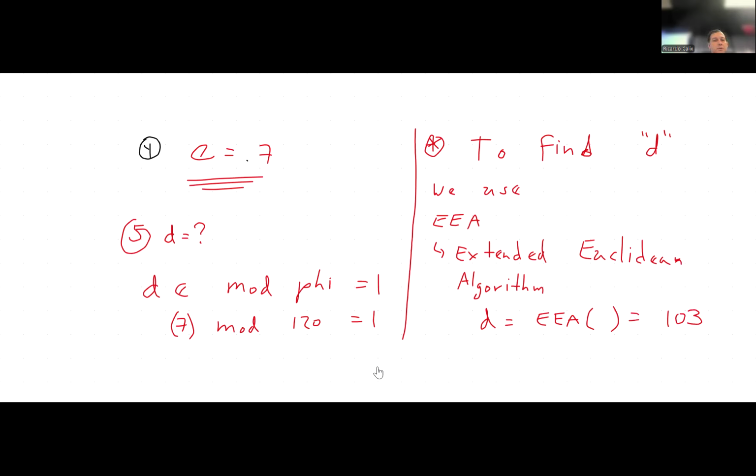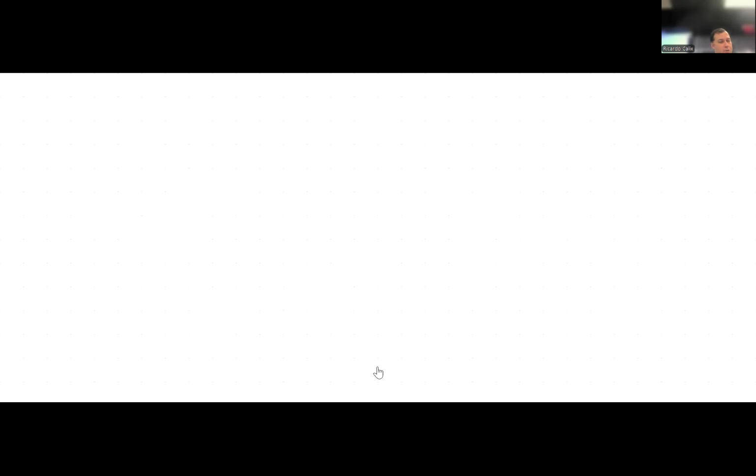So now we can proceed. This should meet the condition. I'm going to go over here, new slide. So the equation would be 103 times 7 mod phi, which is 120, and that should equal 1.